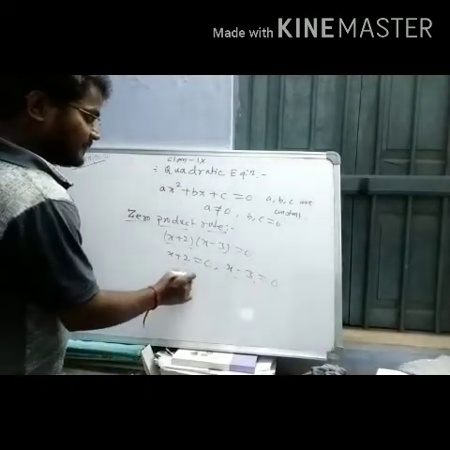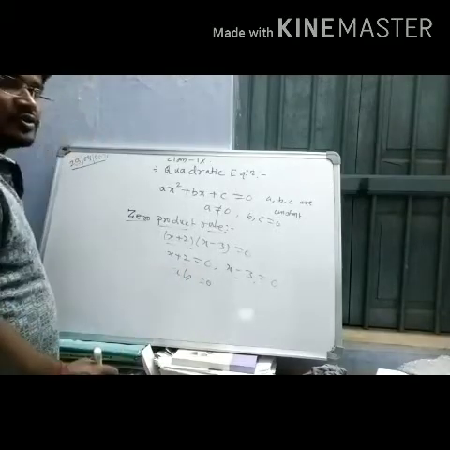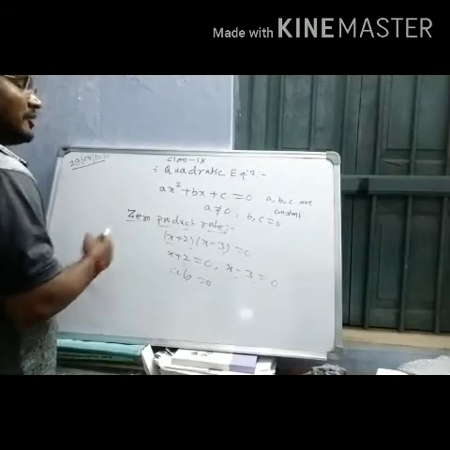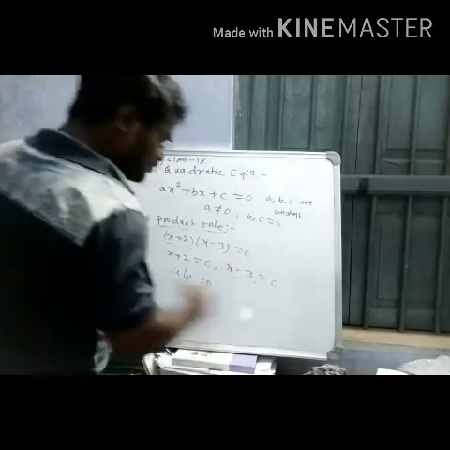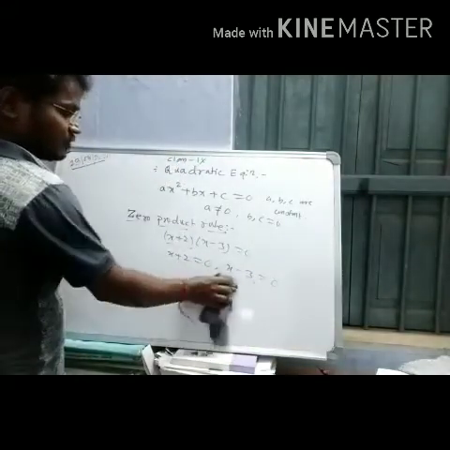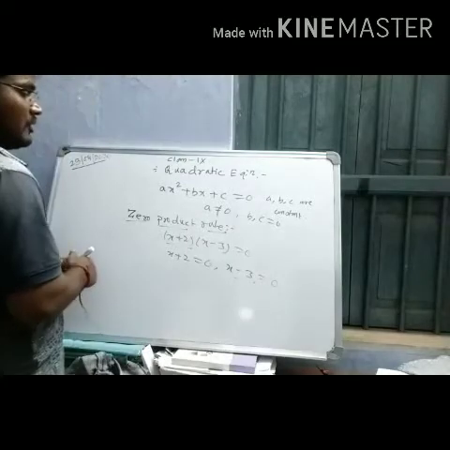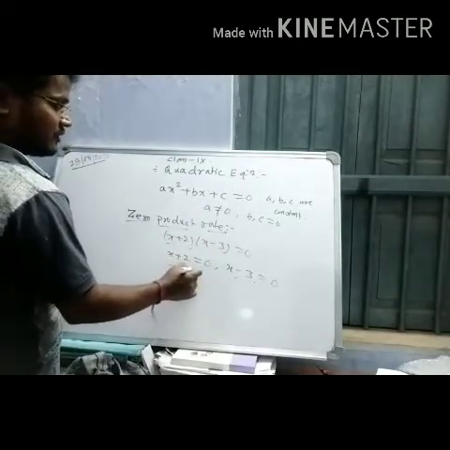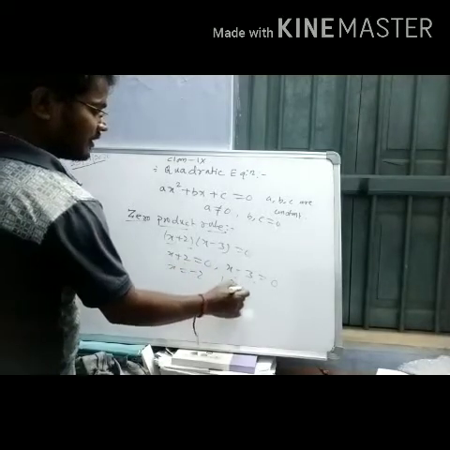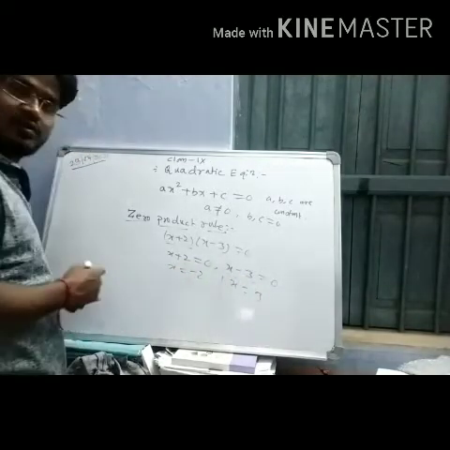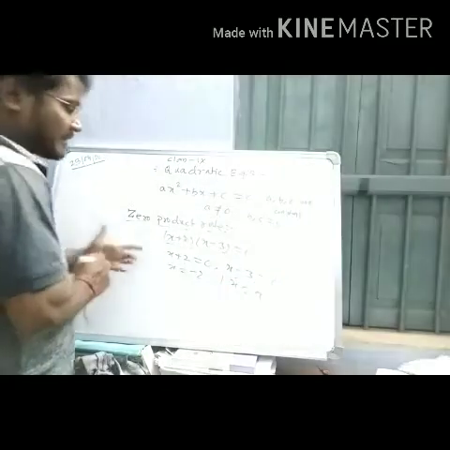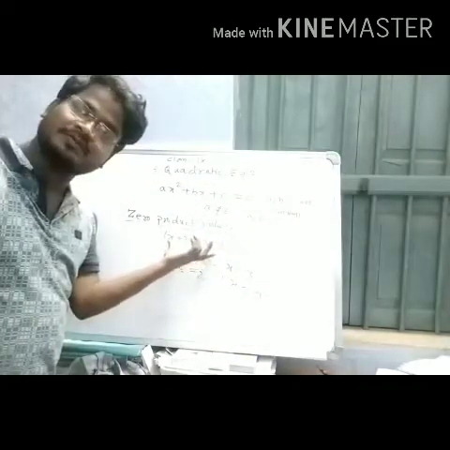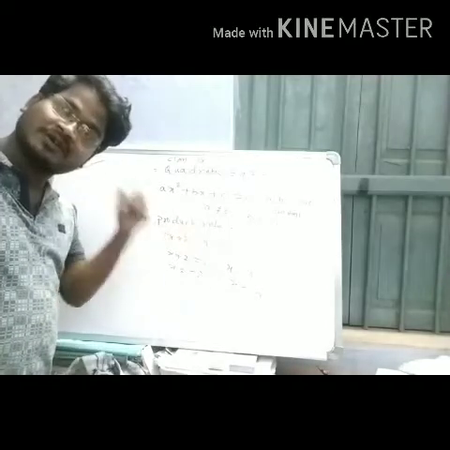If I write here ab equals 0, it may be a equals 0 or b equals 0 or a and b both equal 0. Same as by the zero product rule, we can say that this equals 0 or this equals 0. Now x equals minus 2 and x equals 3. You got two values. So at first you have to convert the equation into this format, the factorization format.